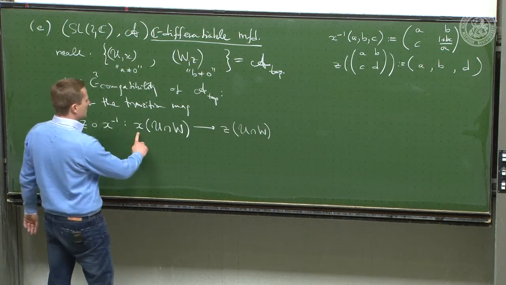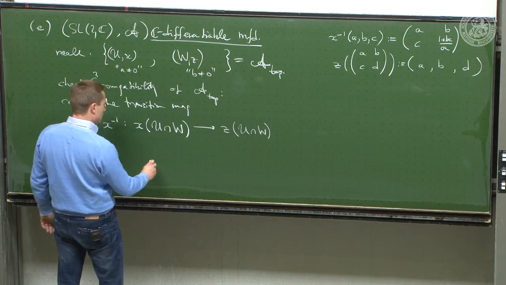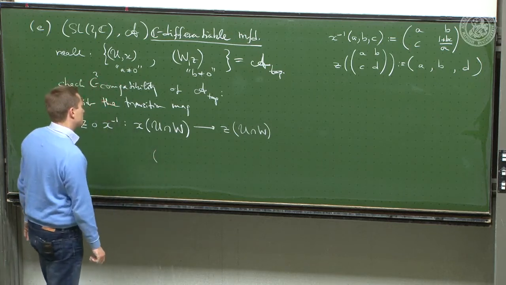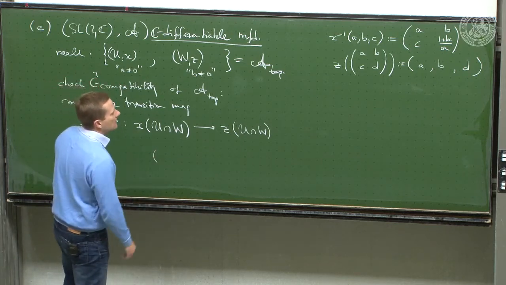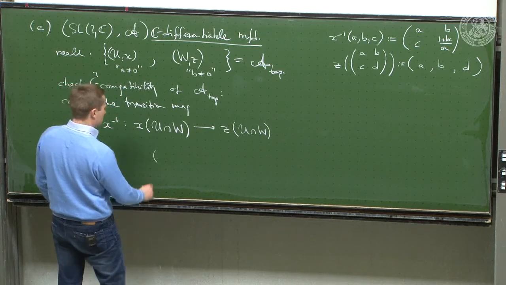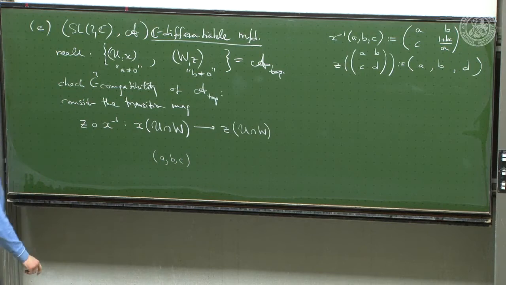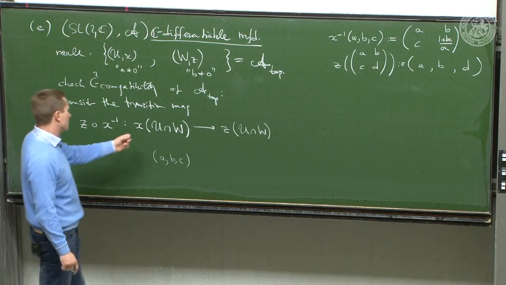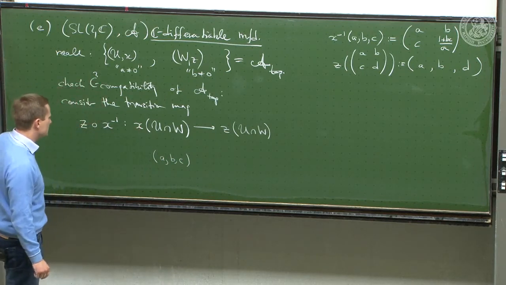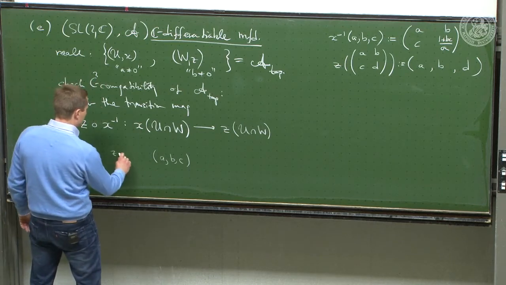Okay, so now we compose these two maps. I start with an arbitrary point in the image of X, let's call it ABC. So we start somewhere in the chart image of the chart UX, and then we apply this transition map.